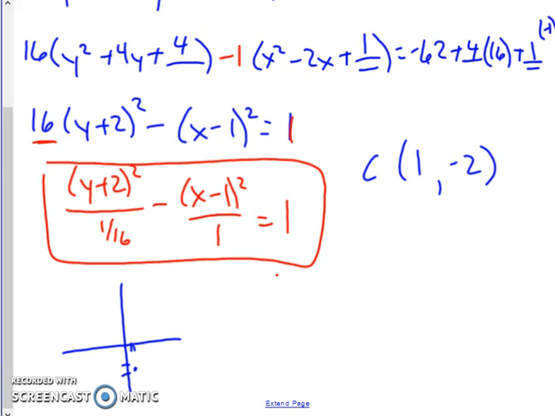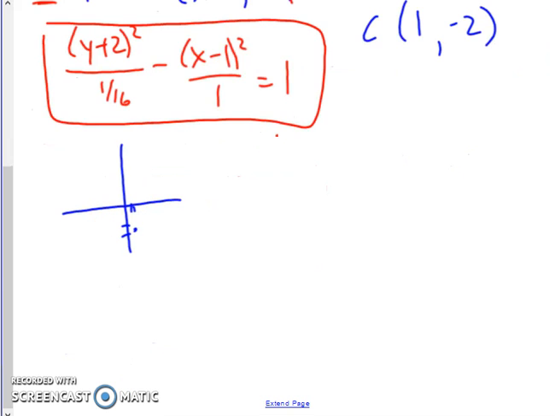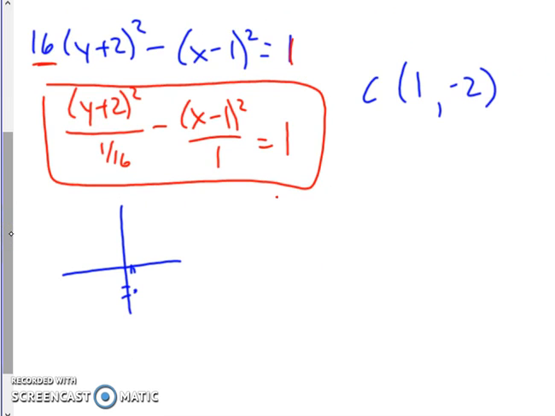And since I know y is first, I know that it's going to open up and down. So I'm going to take a look at my a squared value here, which I know is 1/16. Take the square root of both sides, so that'd be a 4th. So I'm going to count up a 4th. And this again is very small.